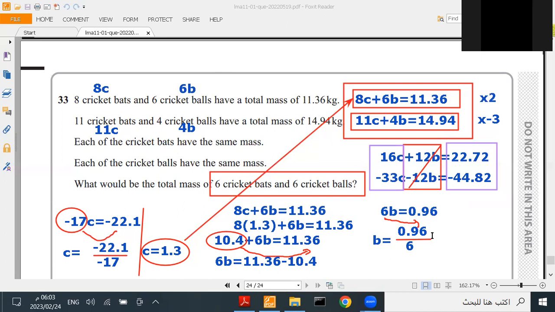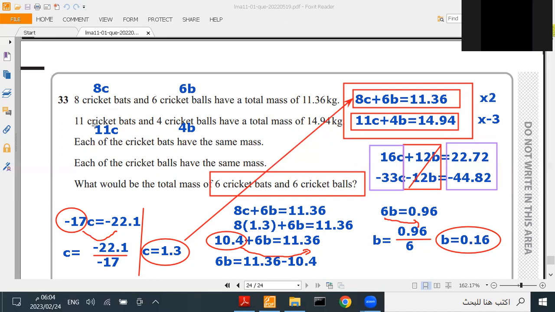So b equals 0.96 divided by 6, which equals 0.16. And that's how we found the B. After finding the C, I found the B by substituting C inside one of the equations. I replaced C here, worked on it, and found that B is 0.16.